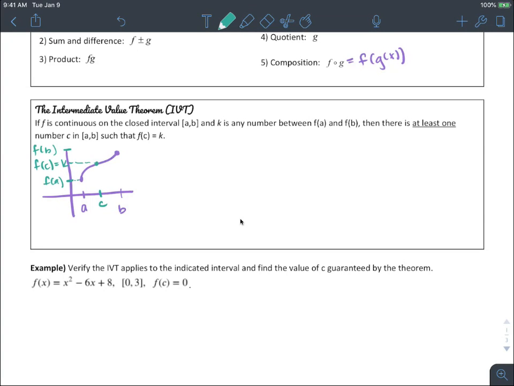It's just some value in between these two outputs, okay?